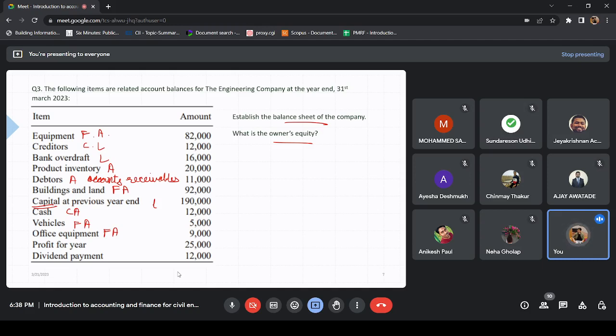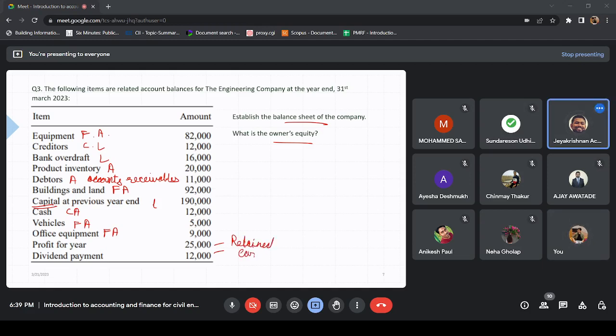Profit is not actually your income; your income would have been profit plus the cost of goods sold. So profit and dividend will actually go into your income statement. From that income statement, if this is your profit and this is your dividend, your retained earnings would be a combination of them.